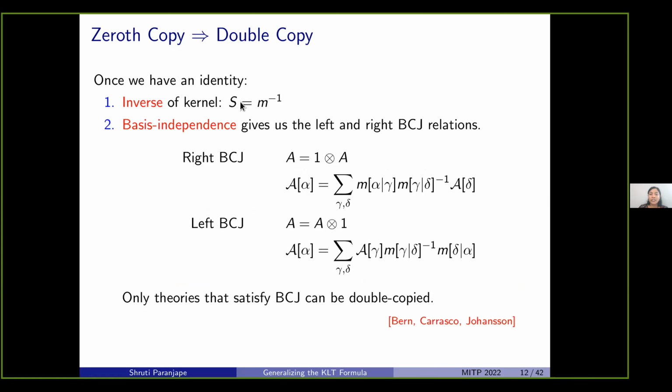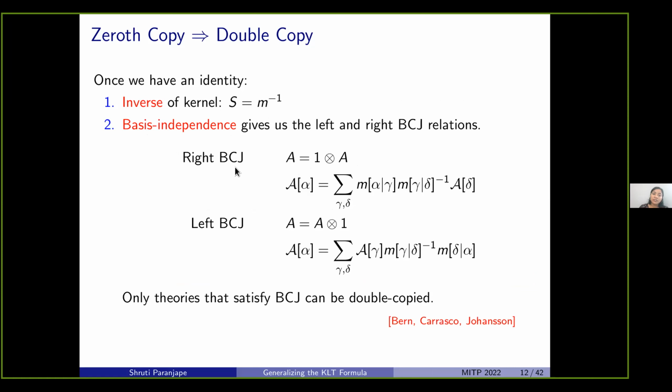Now, once we have that, we can also use the fact that there are various different bases of orderings that we could have used, and the basis independence of the KLT formula allows us to sort of extract more juice out of these identity expressions.